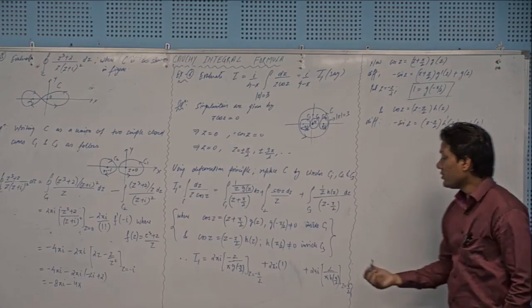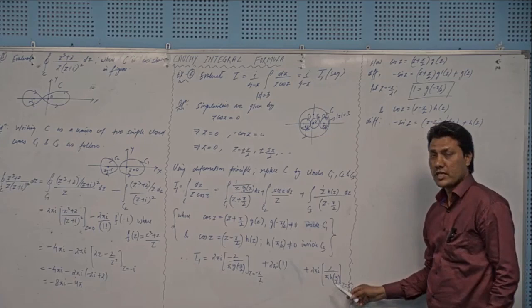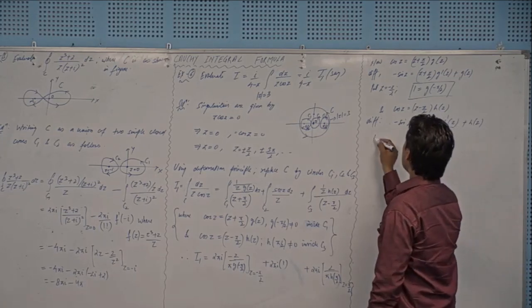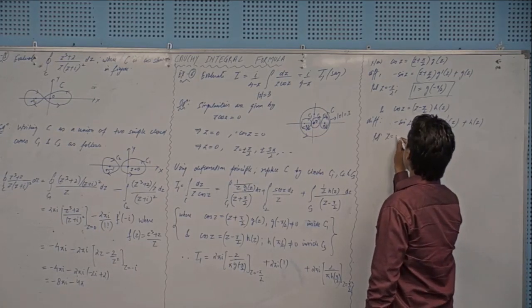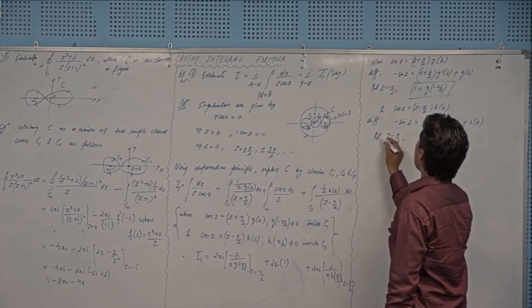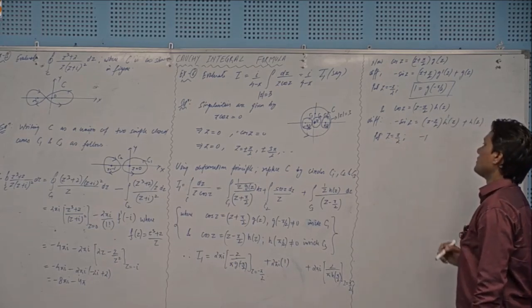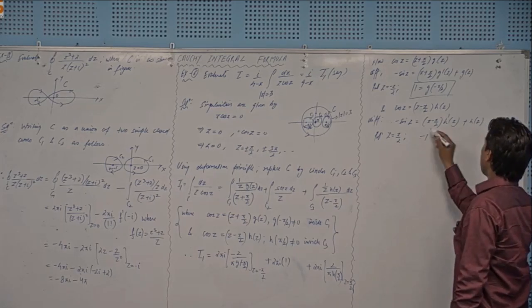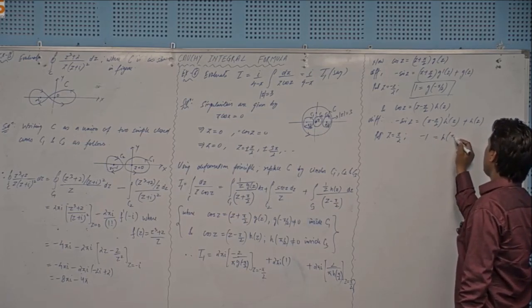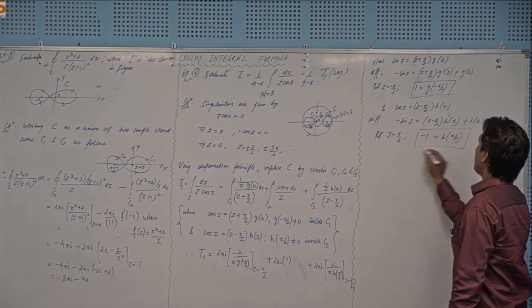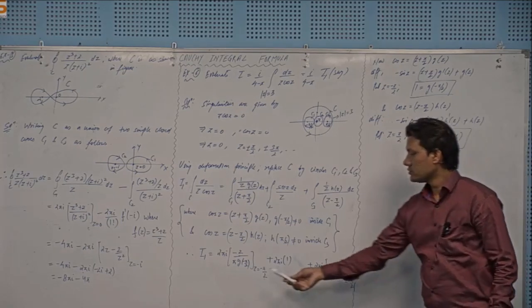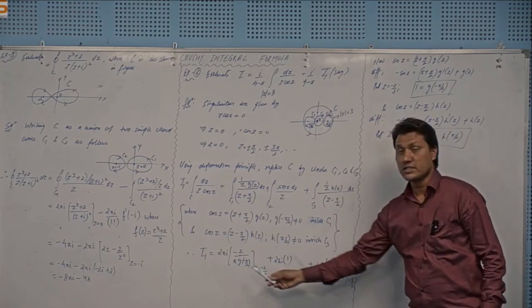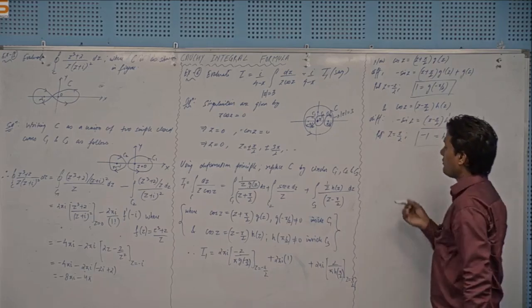And since I need the value of h at pi by 2, I will put z equal to pi by 2, and that will produce minus 1 sin 90, equal to, that will become 0, and h at pi by 2, right? So I have got the values of these two unknown constants, and will plug those values here in my I1.